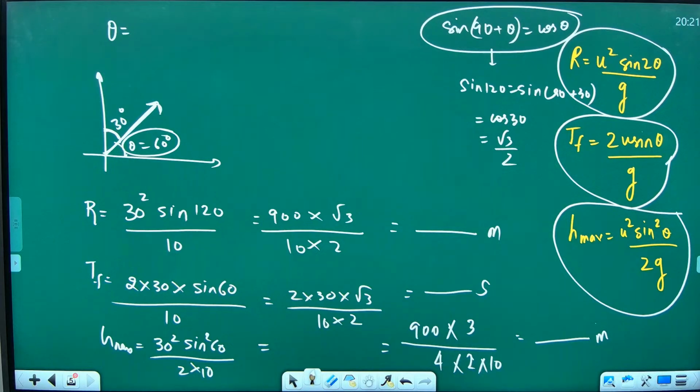Is the range the max range or just range? The range is maximum only. When I use the word range, it means maximum only. Okay, sir.